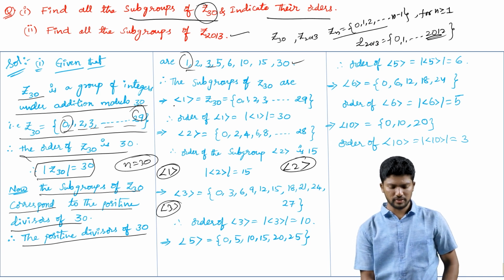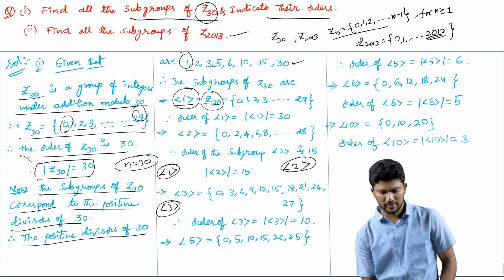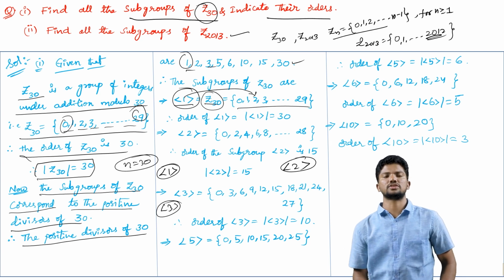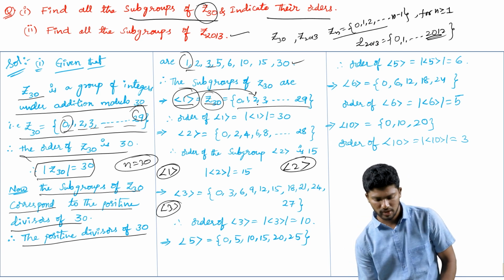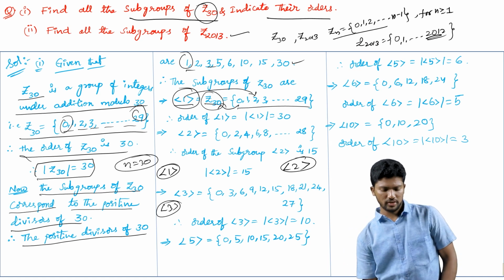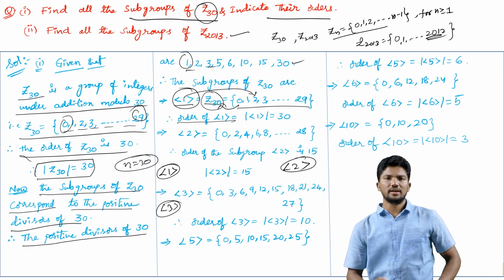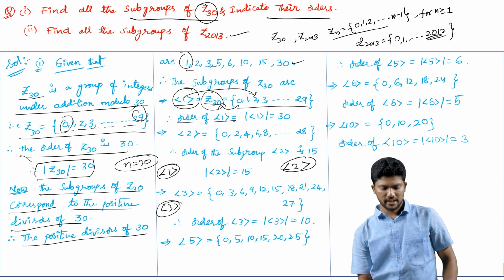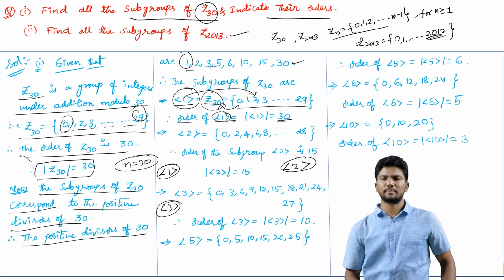With respect to 1, the subgroup generated by 1 is equal to Z suffix 30. Why did I write Z suffix 30 here? Because the subgroup generated by 1 is the set {0, 1, 2, 3, and so on up to 29}, and this total set you can also write as Z suffix 30. So the order of the first subgroup, generated by 1, is 30, as there are 30 elements.